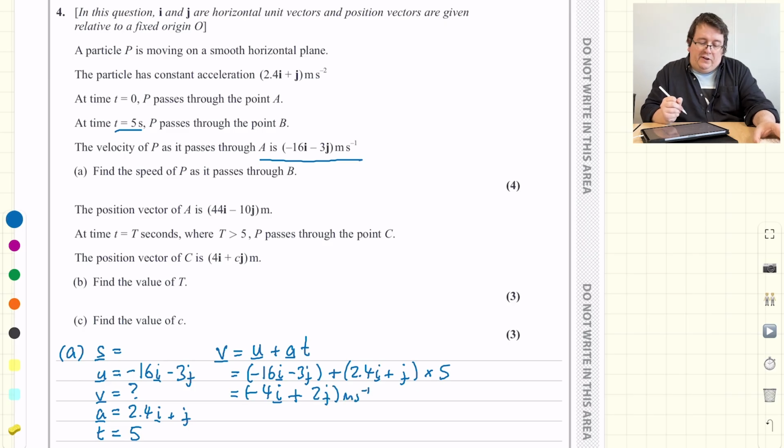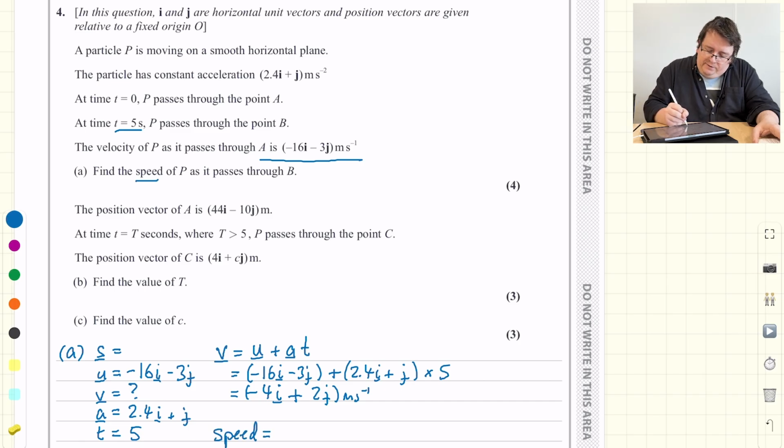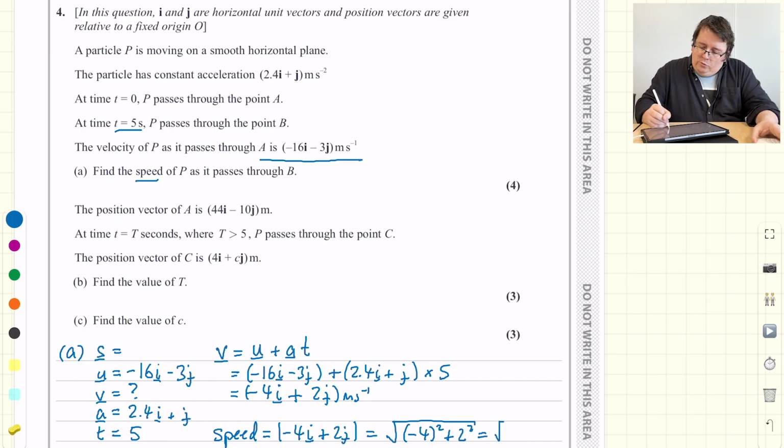Now that's the velocity. We want to find the speed. So the speed is the length of that vector, which is the square root of minus 4 squared plus 2 squared. So that's the square root of 20.